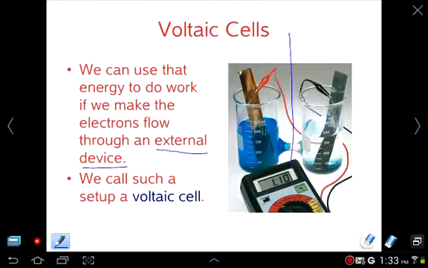This is actually kind of a crude setup, and after we separate the two half reactions, we can obtain a voltage, and this voltage will actually be producing energy for us. That's why it's called a voltaic cell. This is a way of arranging the reaction so that it gives us some voltage.